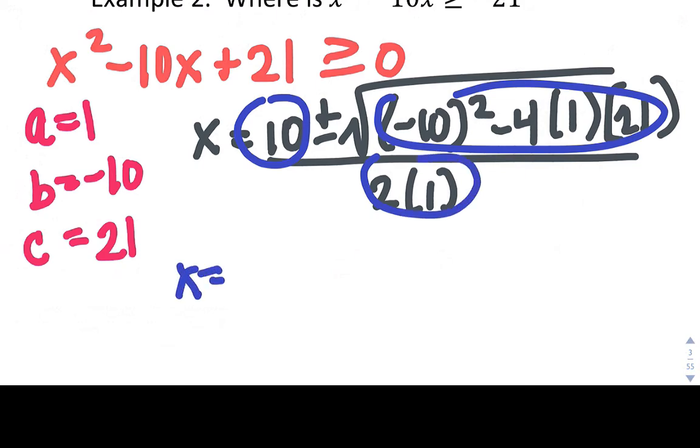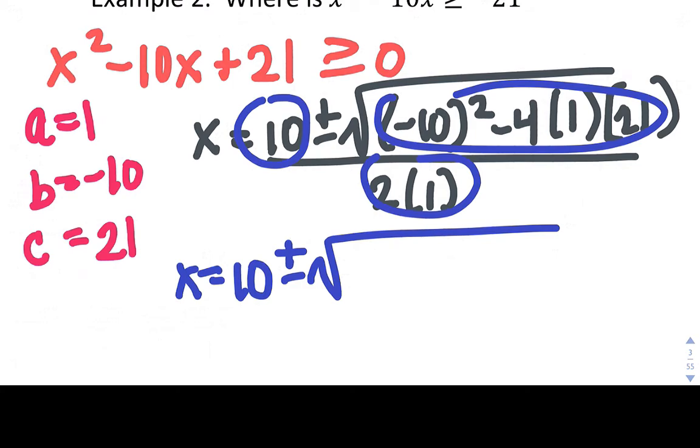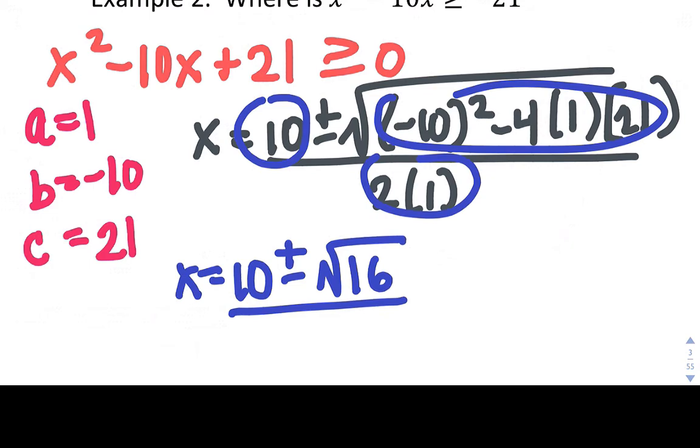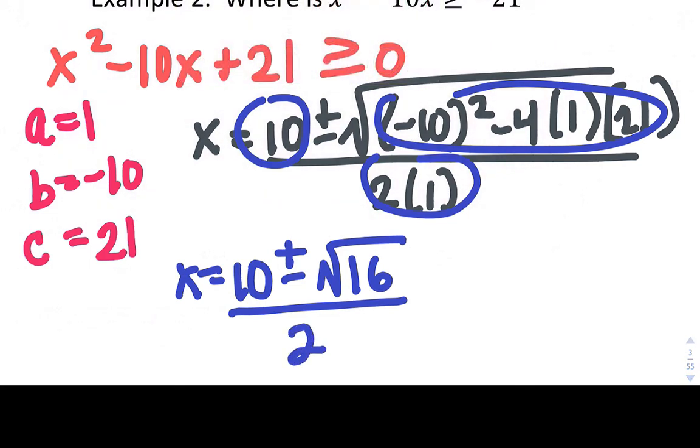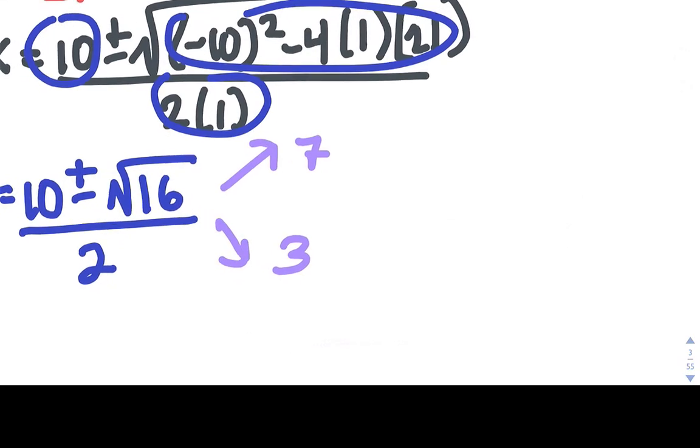So x equals 10 plus or minus the square root. And I got 16, so I guess I didn't need that long of a radical sign, all over 2. We're going to find our two answers. So I get 7 and 3. All right, those are the x-intercepts, the 0.